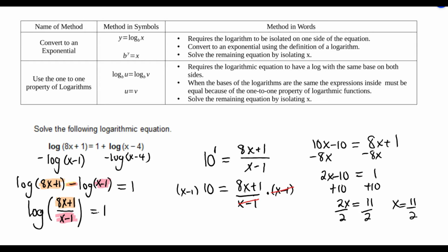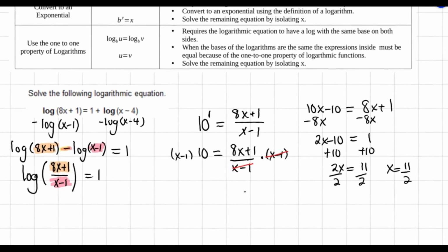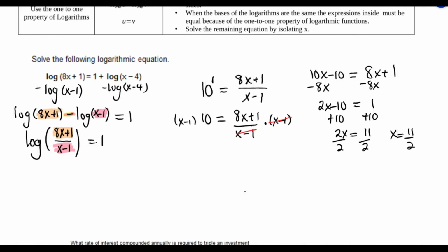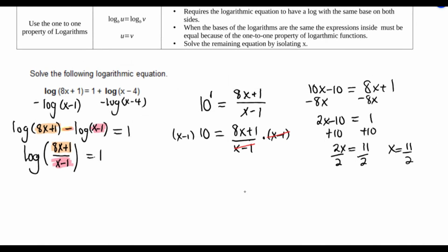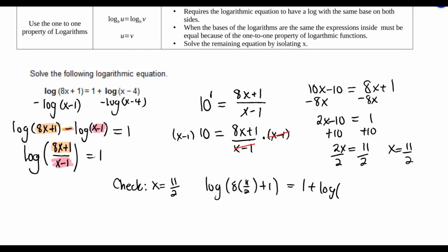Now, with every log equation, you should check to make sure that you don't have any solutions that wouldn't work in the original equation. So I'm going to check x equals 11 over 2. In the original, log of 8 times 11 over 2 plus 1 equals 1 plus log of 11 over 2 minus 4.